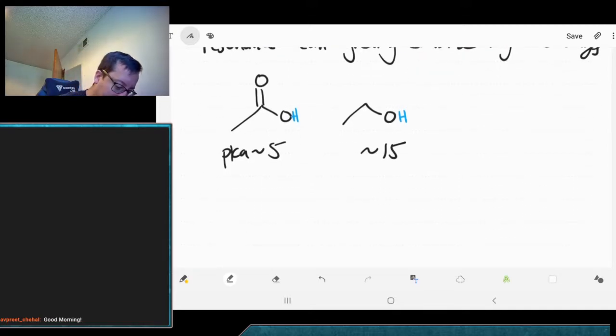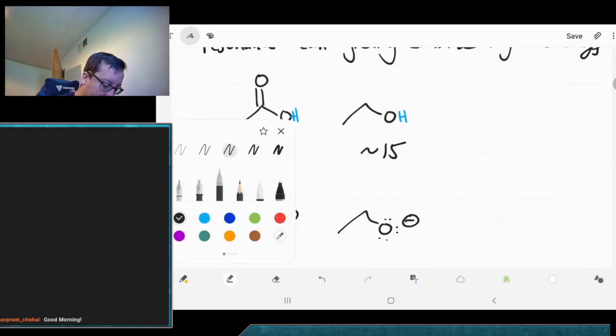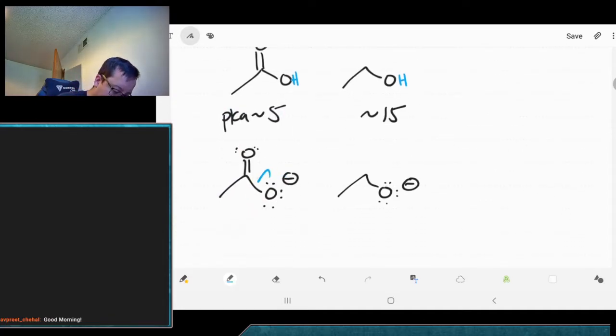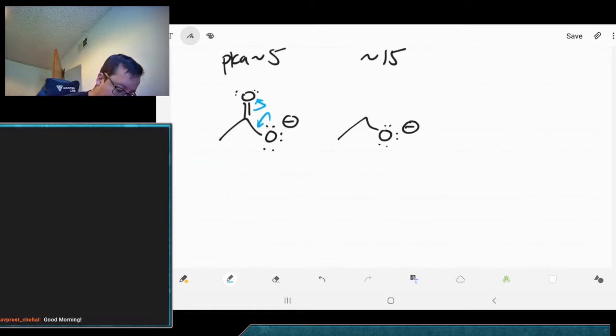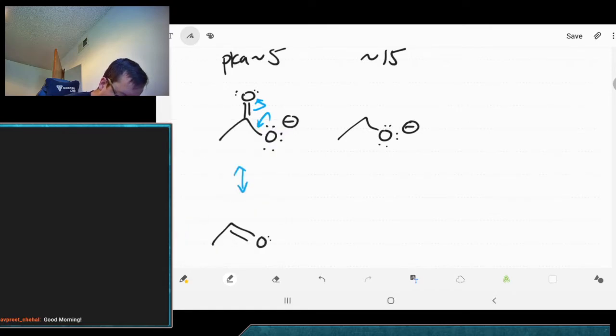So if we take a look at the conjugate bases, we remove those hydrogens. We're going to see this one can essentially shift its negative charge to the other oxygen. If we do that, now we see we've moved that lone pair, that negative charge, over to a different oxygen.